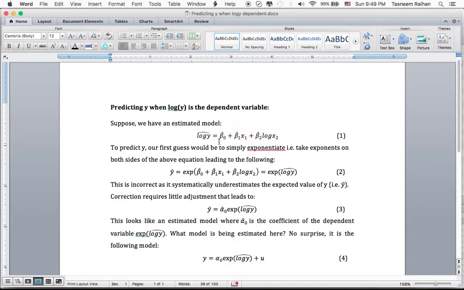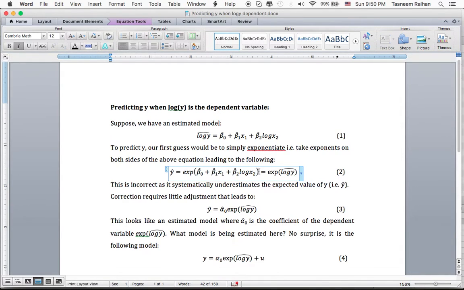To predict y from here, our first guess would be to simply exponentiate. That is, you just take exponents on both sides of this equation. Then the left hand side will just become y hat. The log will disappear, and on the right side we'll have the exponent of beta naught hat plus beta 1 hat x1 plus beta 2 hat log x2.